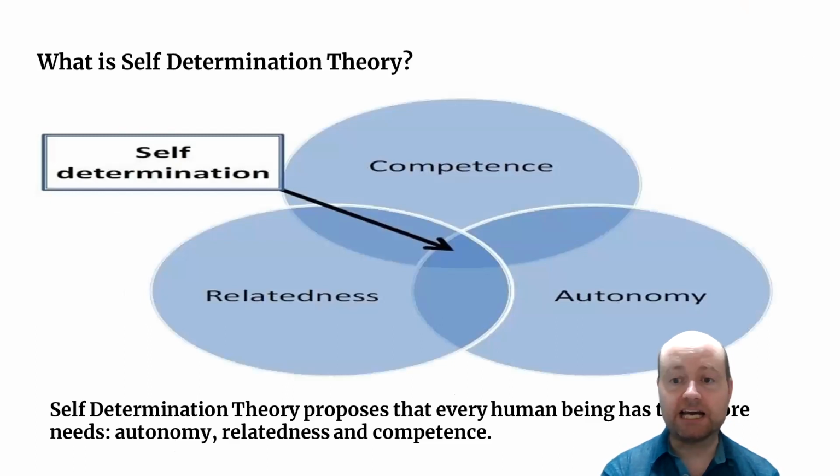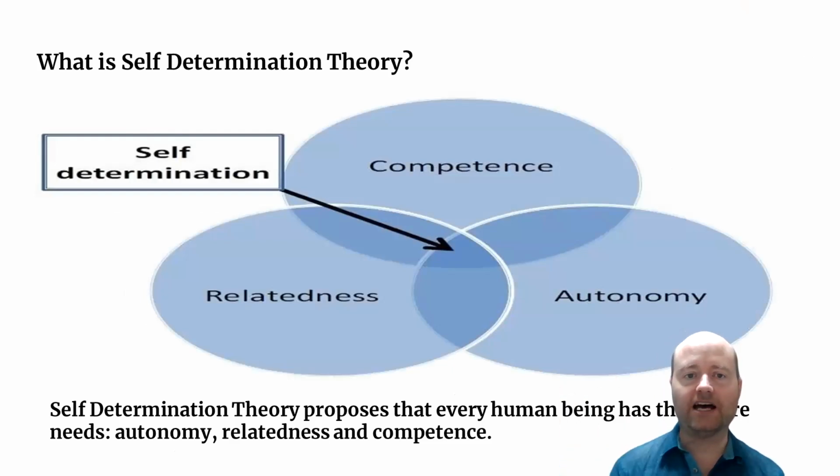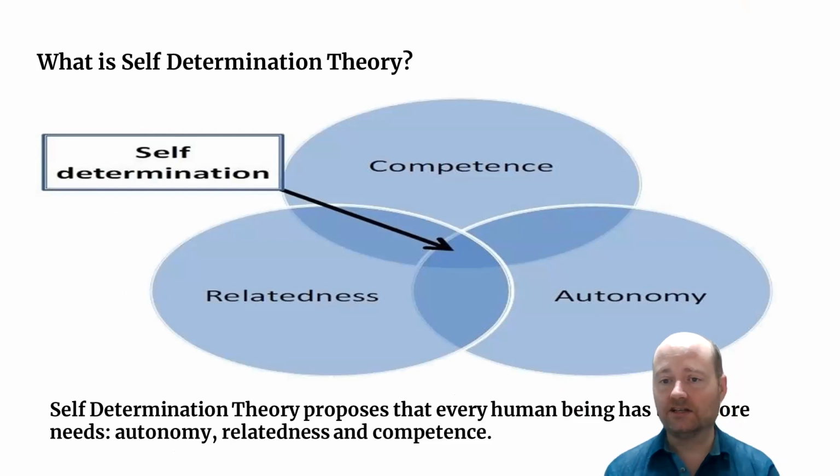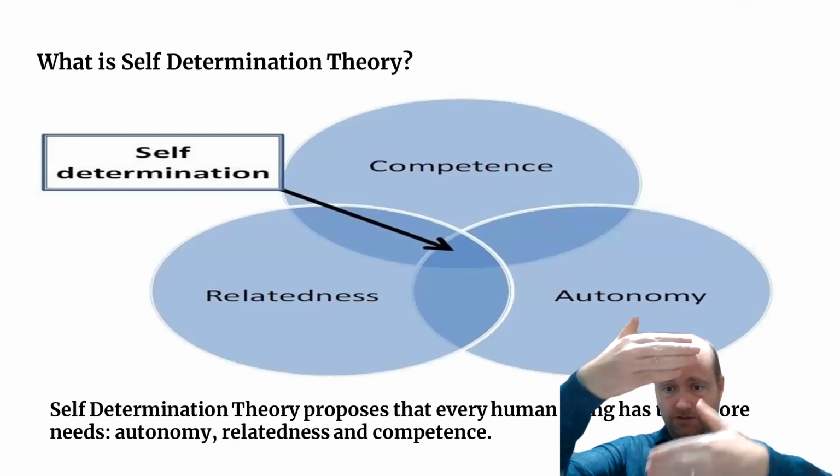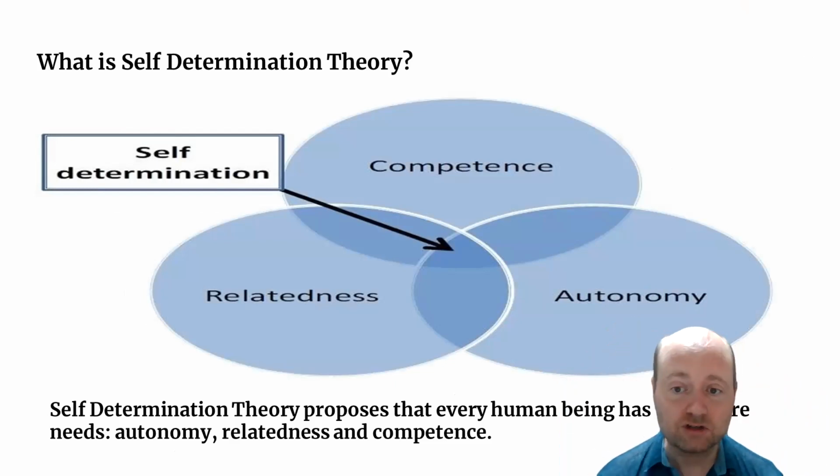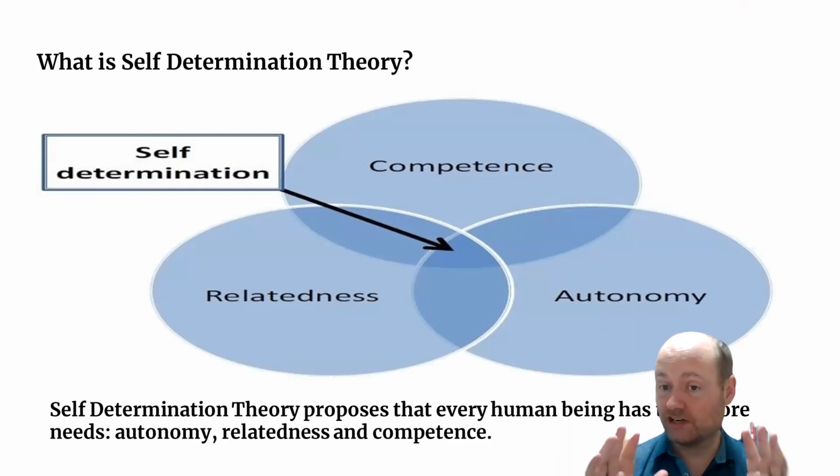Okay, so let's have a look at the theory in a very basic way. So you can see from the diagram behind me that self-determination theory basically says that there are 3 core components of the theory, and these are 3 basic human psychological needs. So they are the need for autonomy, the need for relatedness, and the need for competence.